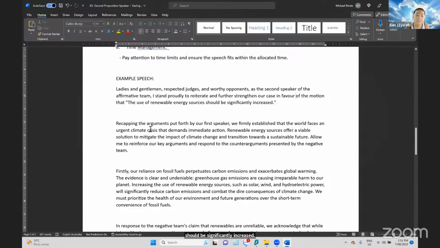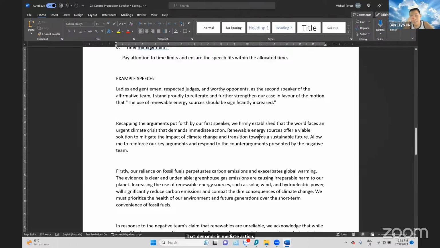Recapping the arguments put forth by our first speaker, we firmly establish that the world faces an urgent climate crisis that demands immediate action.